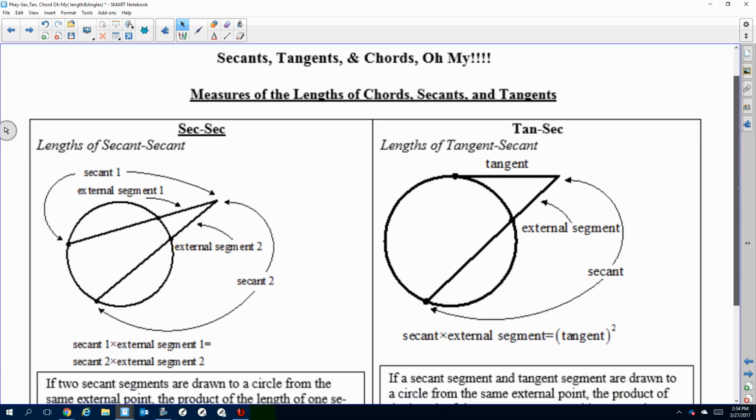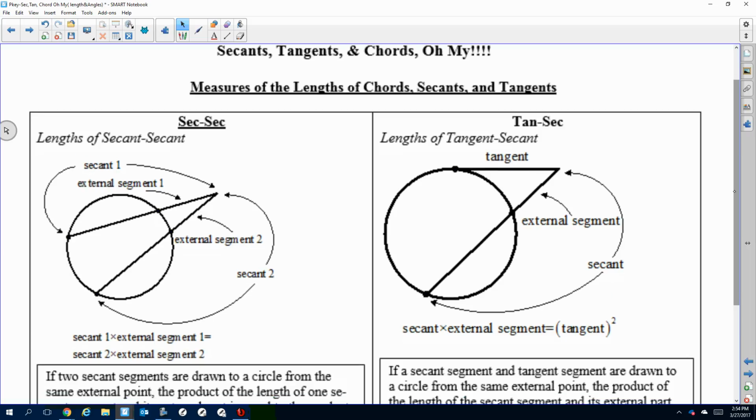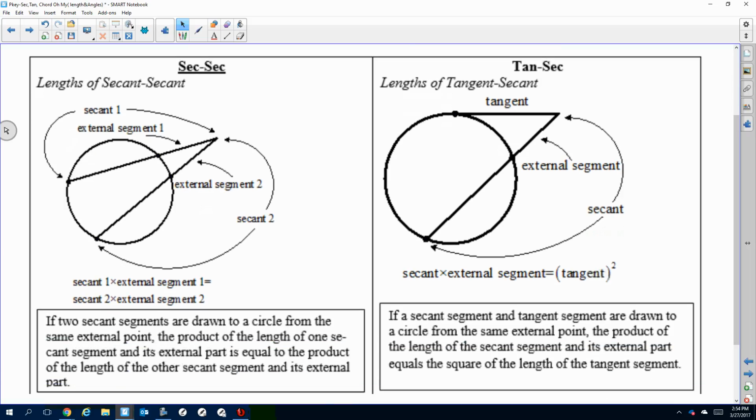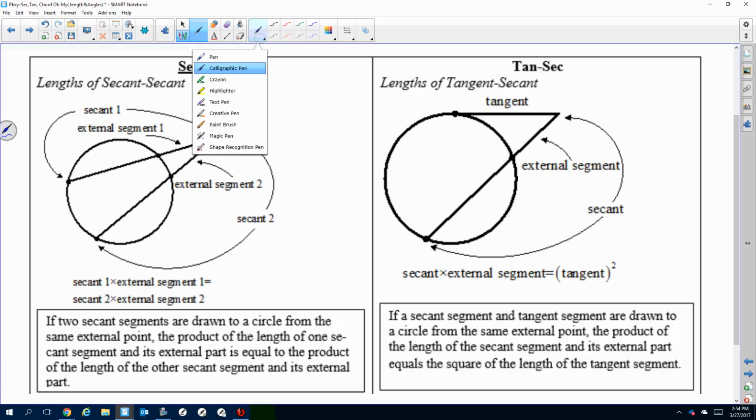Okay, so to find lengths of segments related to a circle, you have to be able to recognize a secant, a chord, and a tangent because they all have different relationships or rules. All right, so the first example here is secant, secant.